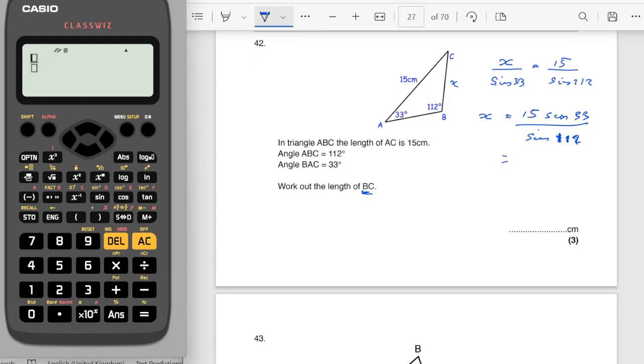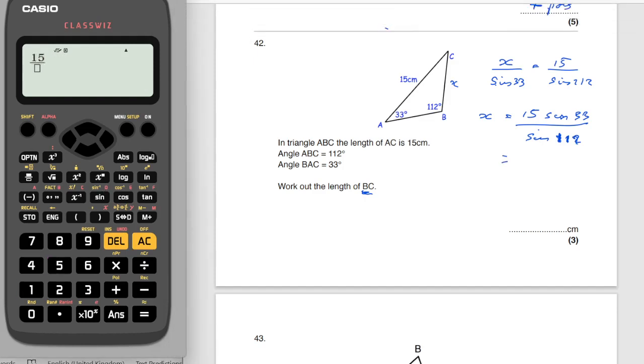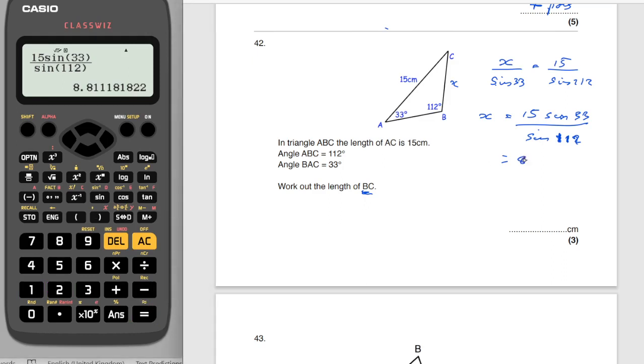So that's going to give me fraction button 15 sine of 33 close bracket over sine of 112. So assuming I've typed everything in correctly there, I'm looking at x being equal to 8.811181... to imply I haven't rounded. So I'm going to give that length correct to 2 decimal places, so 8.81 to 2 decimal places.